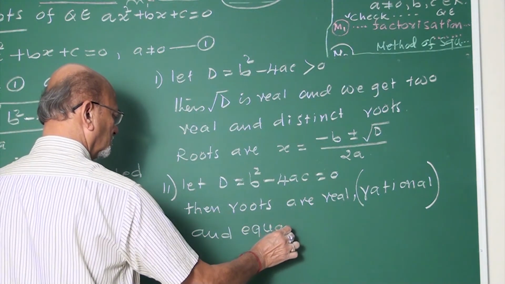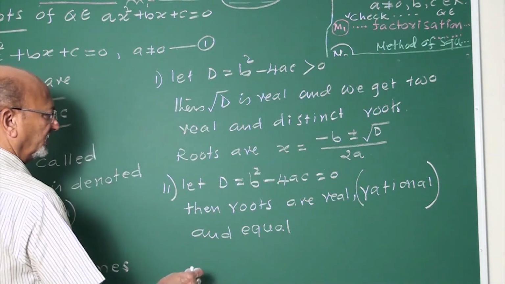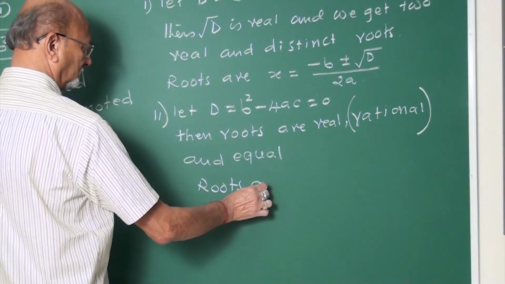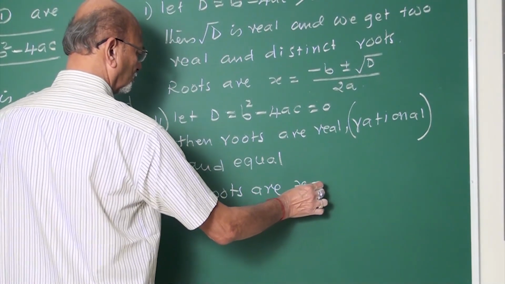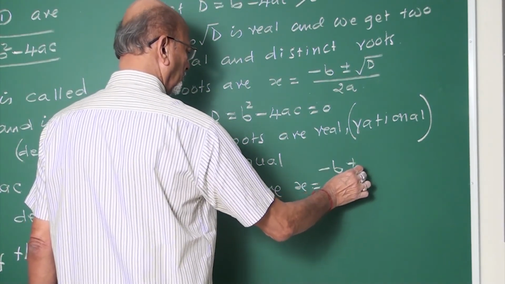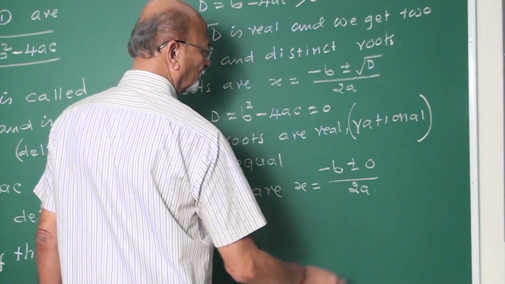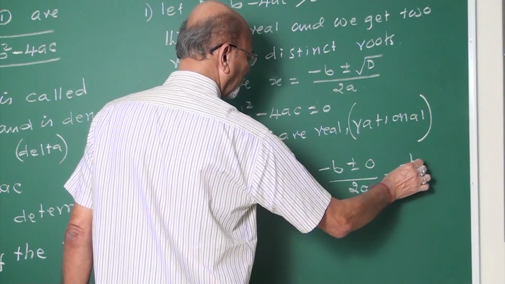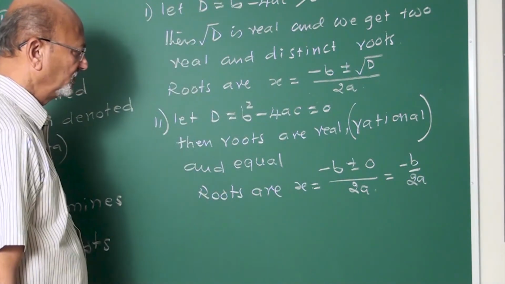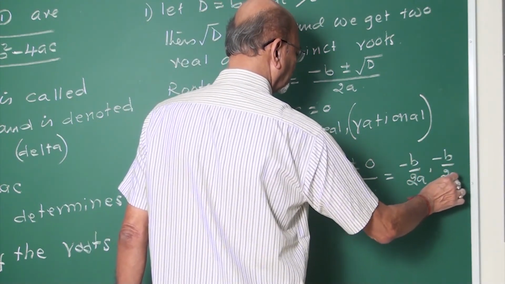Roots are real, in particular rational and equal. They are x equal to minus b plus minus 0 upon 2a. Therefore, two equal roots, minus b upon 2a, they are rational. First root and the second root are also the same.